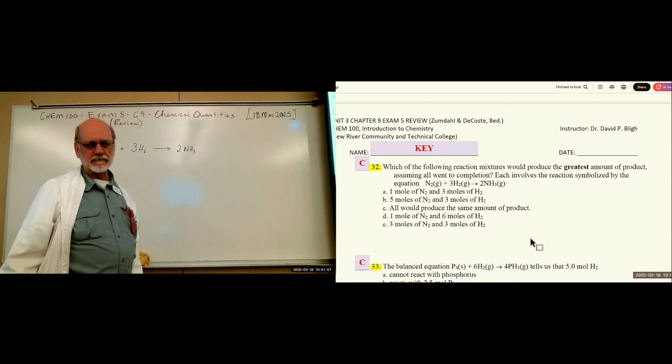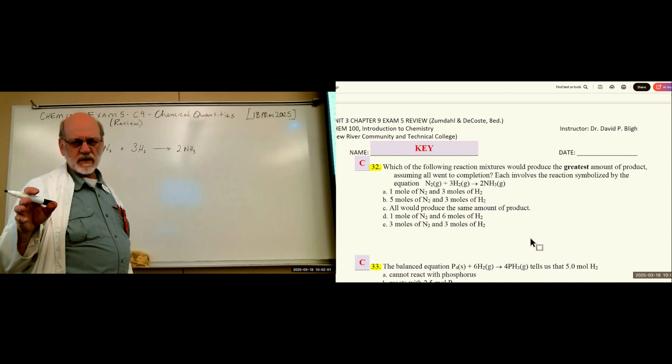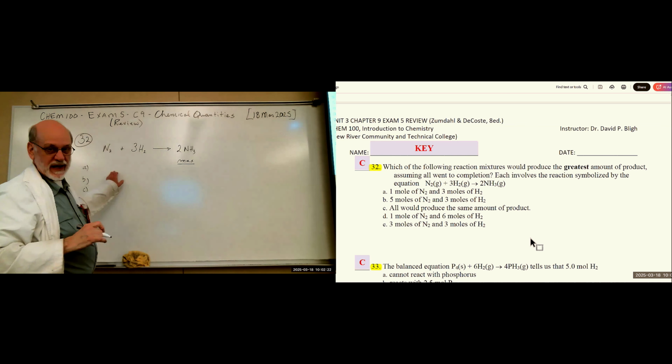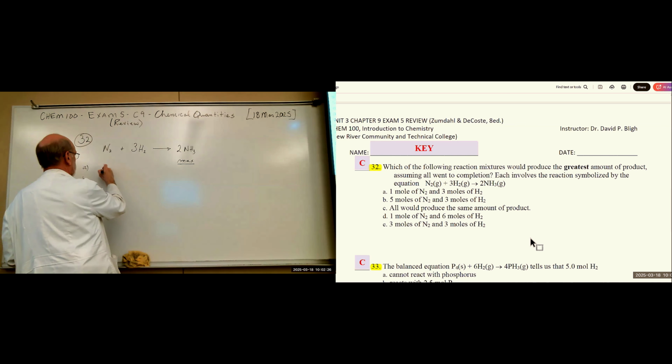I left the gas part out. So each of the reactions symbolized by the greatest amount of product. So we want the maximum amount of ammonia produced from these reactions. Okay, so let's do it like this: A, B, C, D. So A is 1 mole of nitrogen and 3 moles of hydrogen.